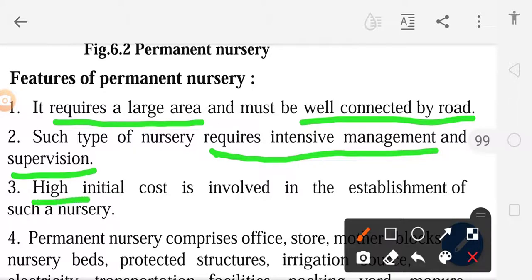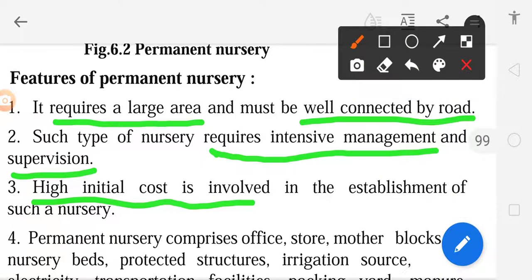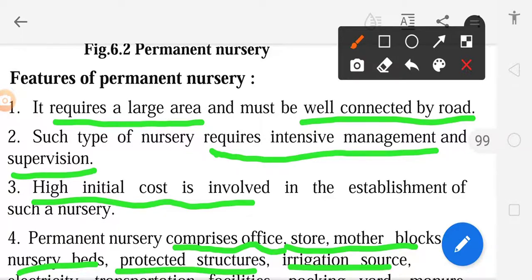Then here the initial cost involved is very high. More money, more capital is required for a permanent nursery. Then it also requires a larger area, because it has an office, store, nursery beds, different irrigation sources, and other features.